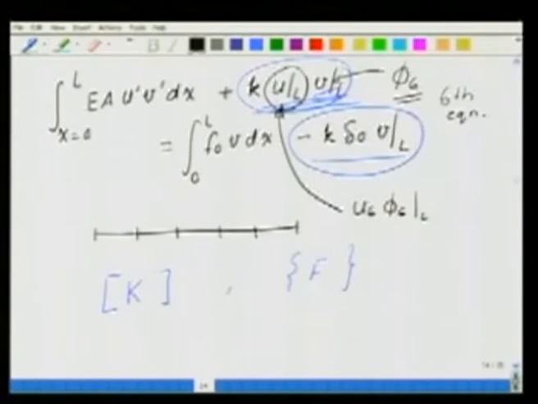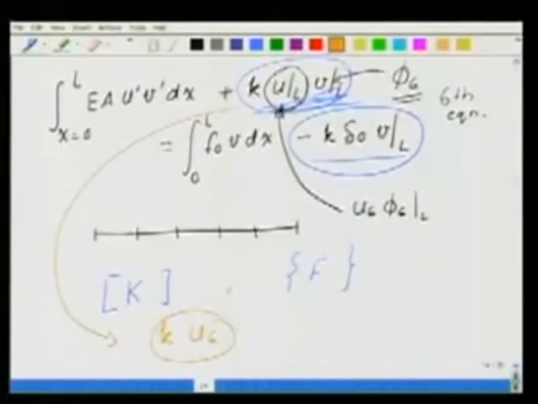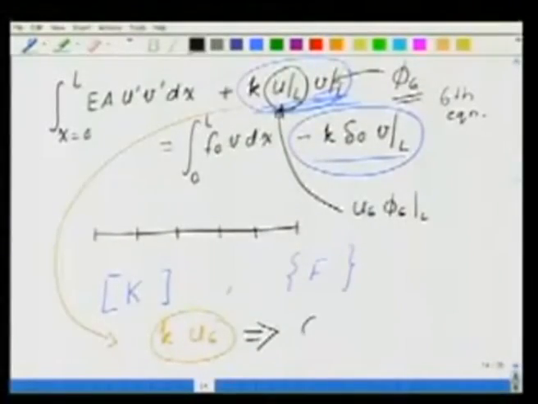So, this whole expression will become k u6. So, this tells me very clearly which column this has to go in. So, this means this entry goes into the sixth column.